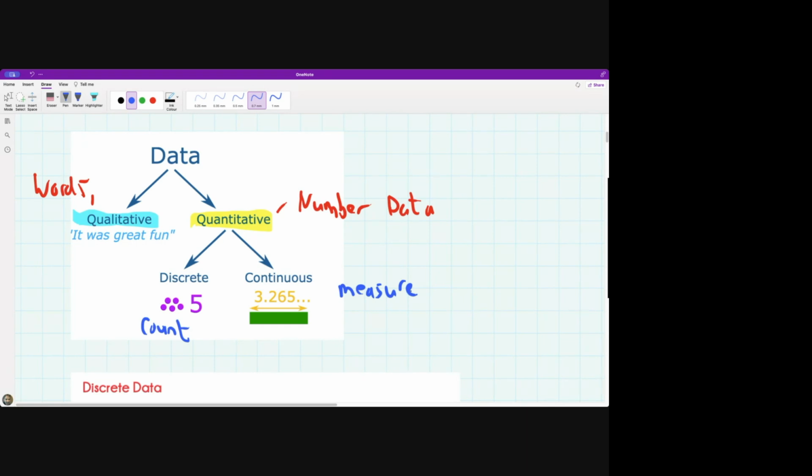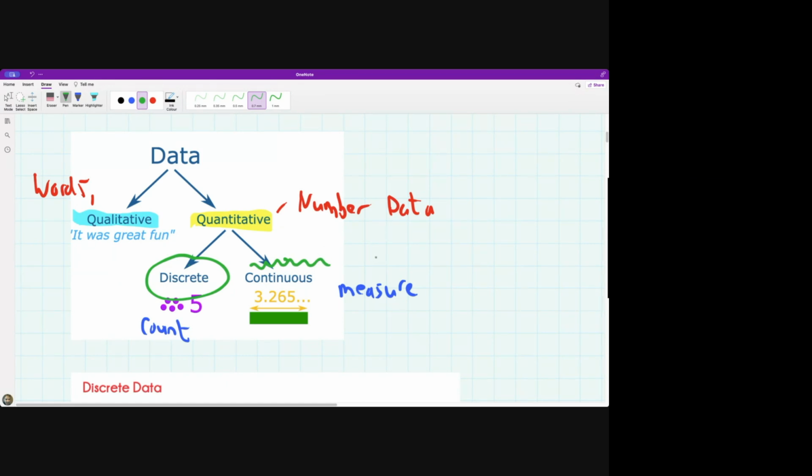Think about how fast someone ran the 100 meters. You can always go like 9.842, or with Formula One, 9.837. They really measure to very fine intervals. So number data can be broken up into discrete data and continuous data.